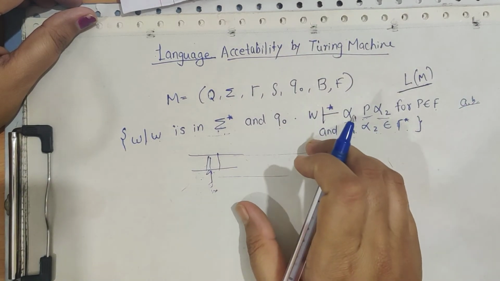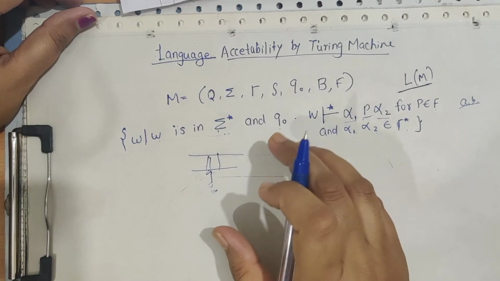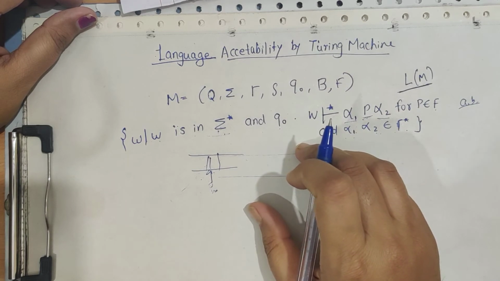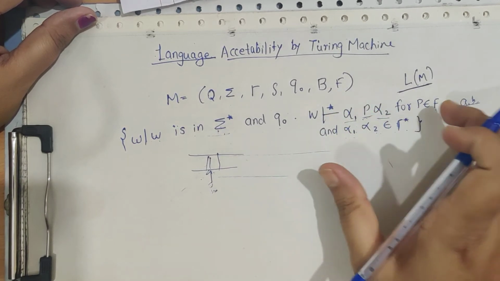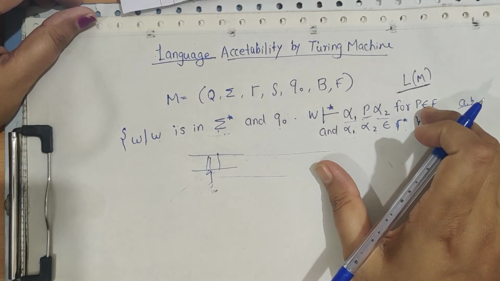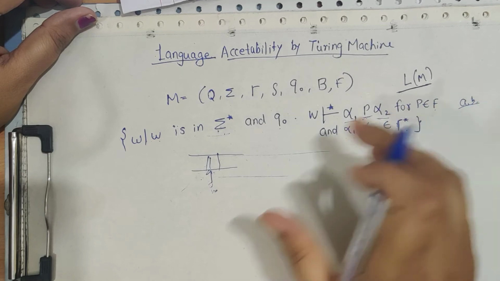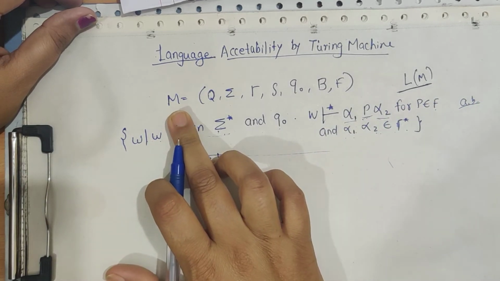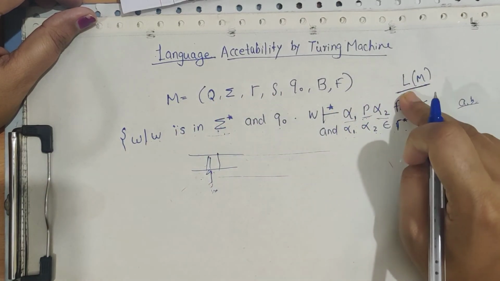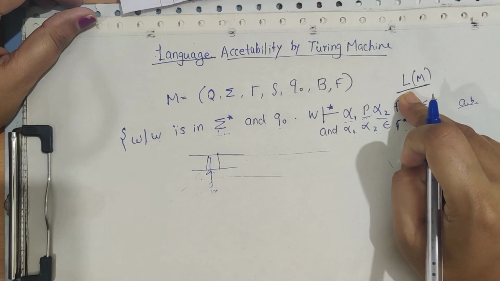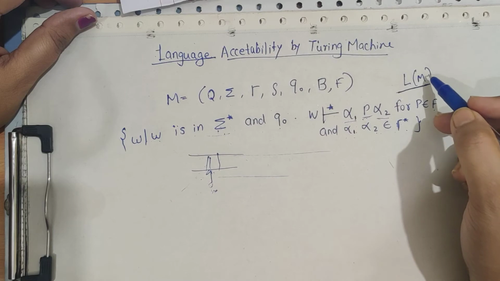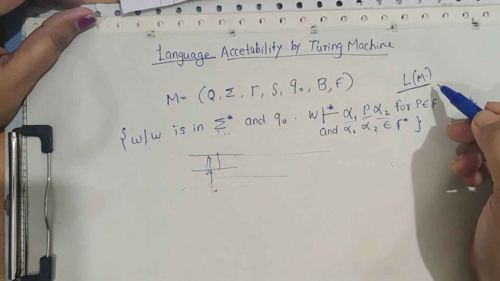If the string has reached the final state, then it is accepted by the Turing machine, and it means the Turing machine halts after some time. Given a Turing machine M accepting the language L, M halts, meaning the Turing machine does not make any next move.